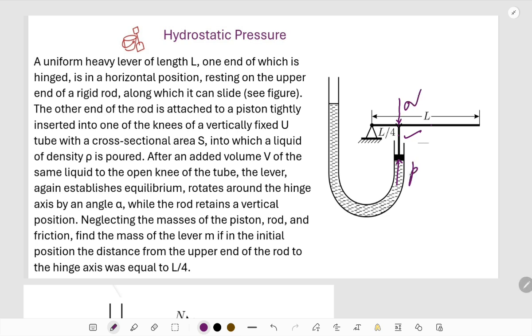So this is the pressure force and this is the normal force, and they are going to be the same because the rod is massless.